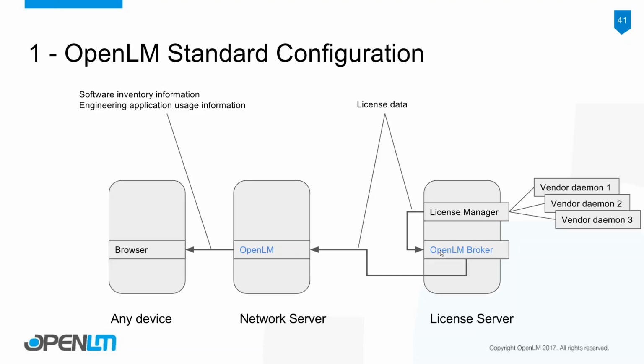Now, the OpenLM broker communicates the license data that it receives from the license managers to OpenLM, and then the data is processed to procure software inventory and usage information, which can then be accessed from any device in your organization that has the required authority. So, recapping, the data comes from the vendor to the license manager to OpenLM broker. OpenLM broker sends it to OpenLM, and from OpenLM you can view it with any browser.